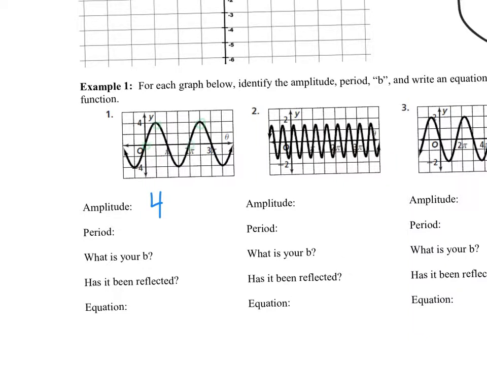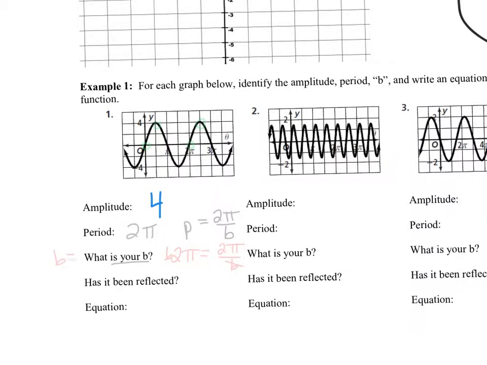So the period is 2 pi. So then what is our b? Remember, the period equals 2 pi over b. That's our formula. So if I take my period, which is 2 pi, I'm going to do 2 pi equals 2 pi over b. Solving for b, multiplying both sides by b, I'm going to get b is 1.